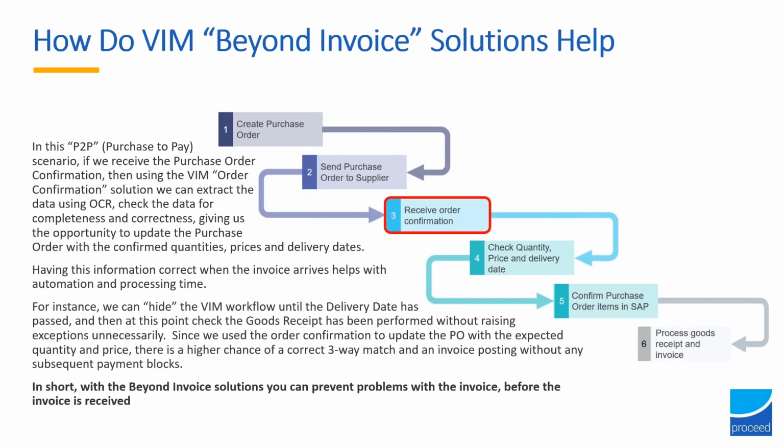Right, so from a practical point of view, how would a Beyond Invoice solution help your business? If we take this P2P scenario of purchase order confirmations, then we have this order confirmation solution. We can extract the data using the OCR, just like we do with the invoices.